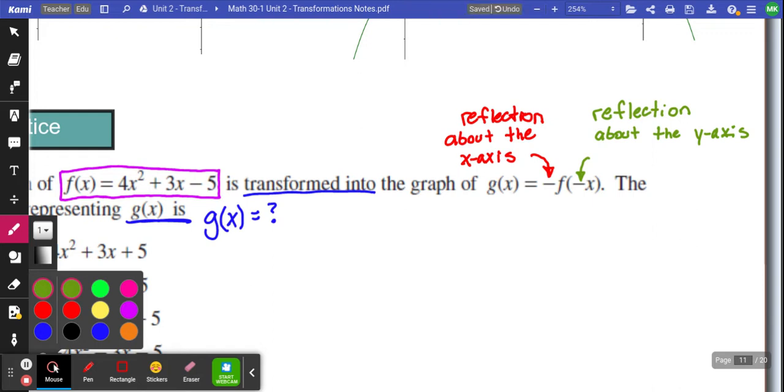So if you had a picture of it, what I did was I took my graph, I reflected it to the other side of the x-axis, then I reflected it around the y-axis. So it's moved all the way around, right? That's essentially what's happened.